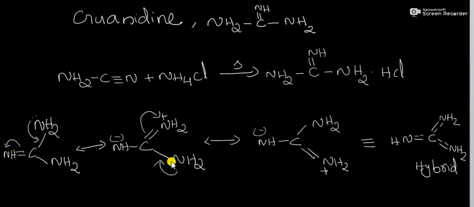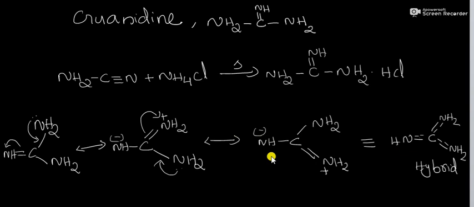We get this structure, and the lone pair of electrons present on nitrogen can shift to this bond and the double bond shifts to nitrogen, and we get another structure. And the resonance hybrid is this structure. The presence of negative charge on the nitrogen atom in structures 2 and 3 facilitates the acceptance of a single proton, causing guanidine to behave as a monoacidic base.